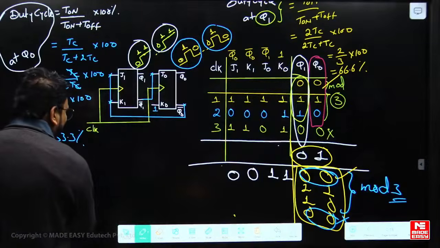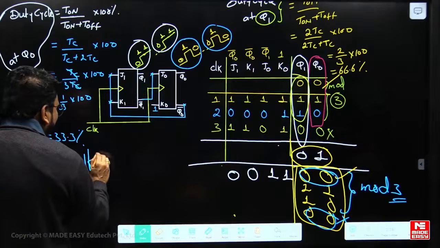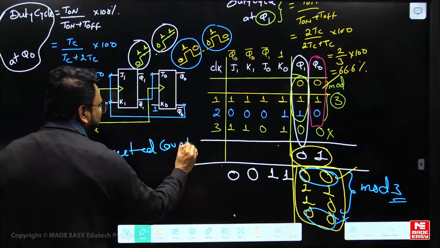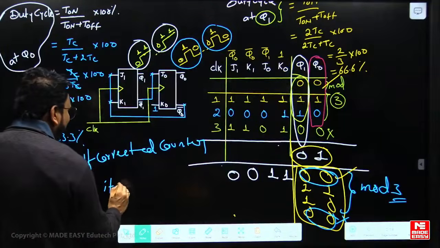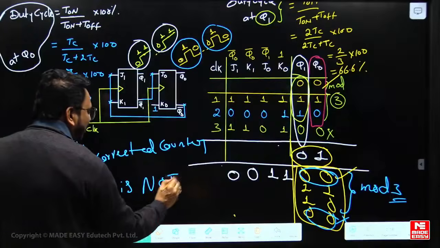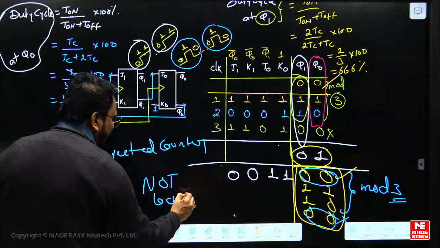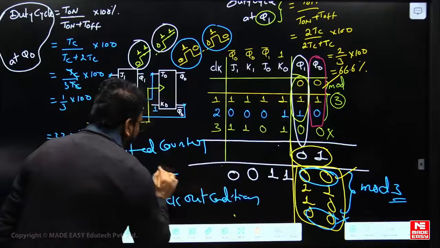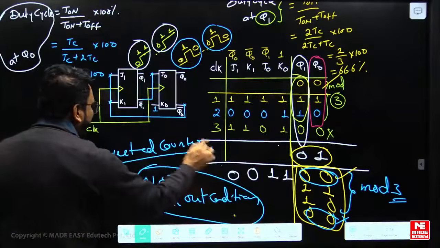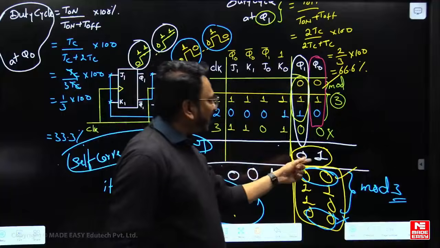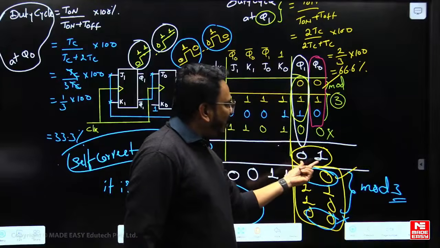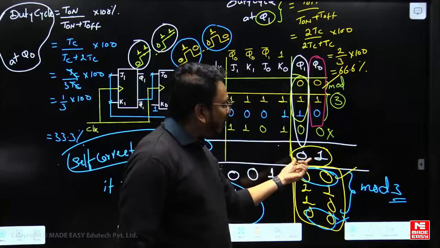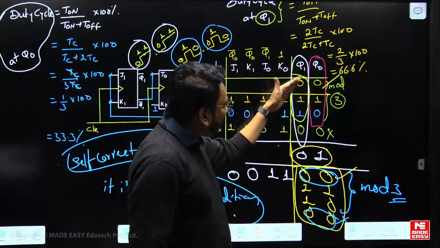That means it is said to be a self-corrected counter. It is not a lockout condition. It is a self-corrected counter. Because we started with some other state, even though that particular 0, 1 did not come back, it again came to our original sequence.